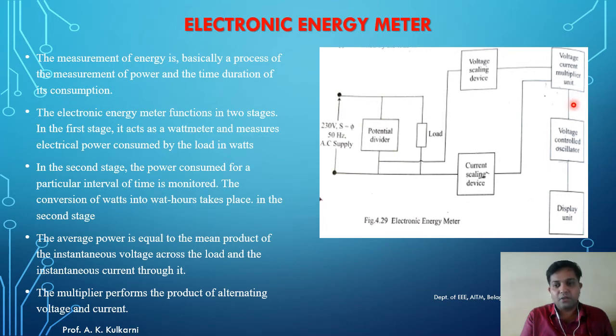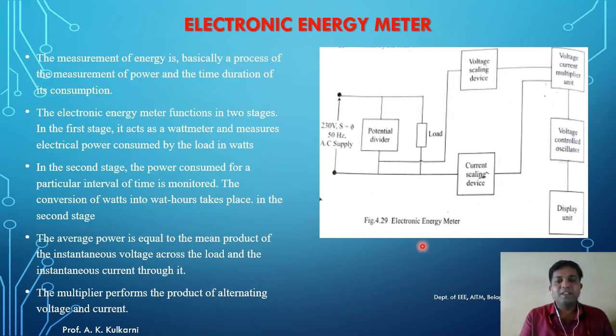Then it is converted into digital form in the oscillator circuit and fed to the display unit, where we can see the amount of energy consumed by this load in terms of watt hour. This is how the entire electronic energy meter works.